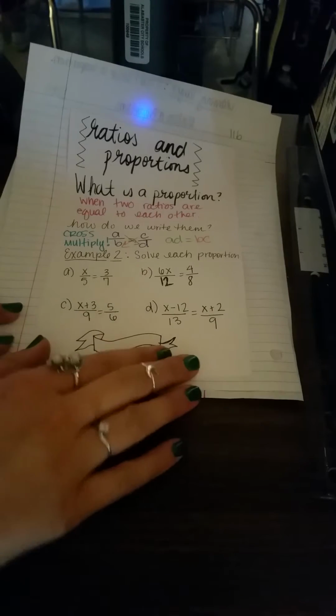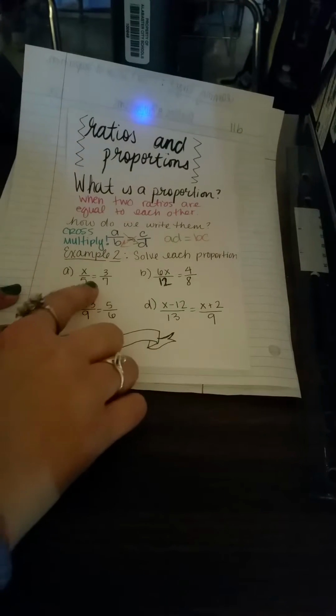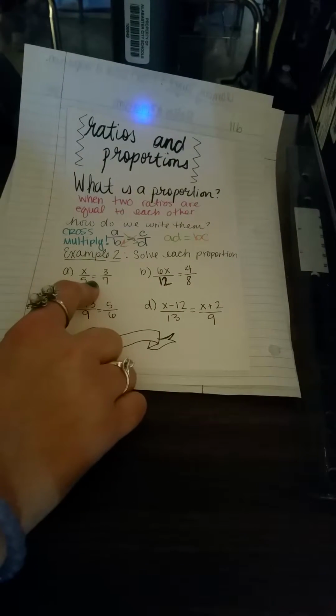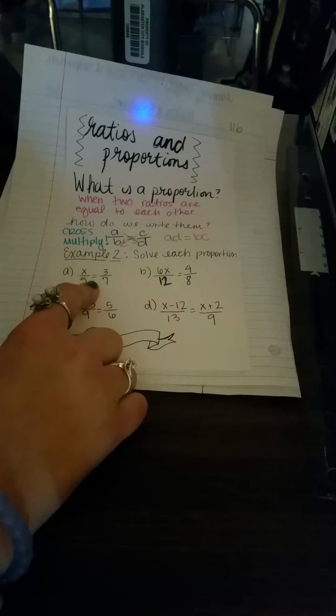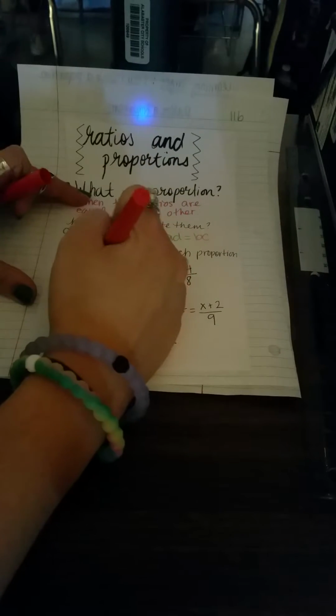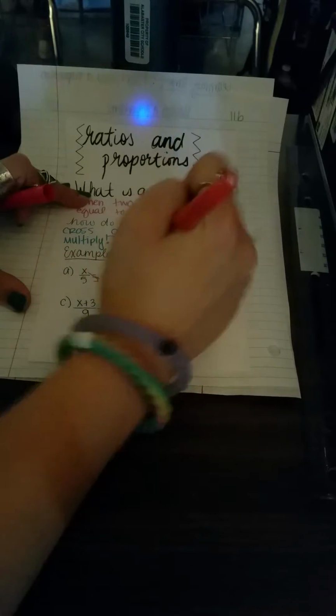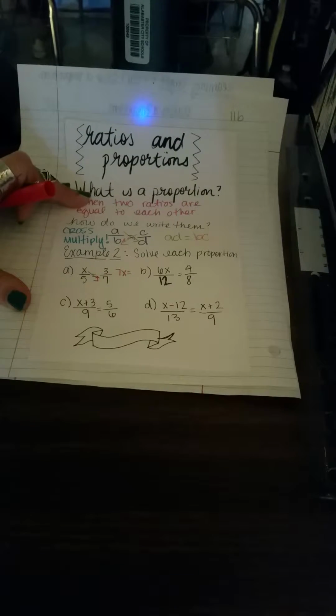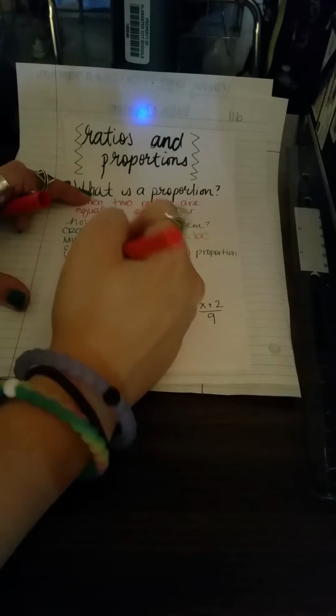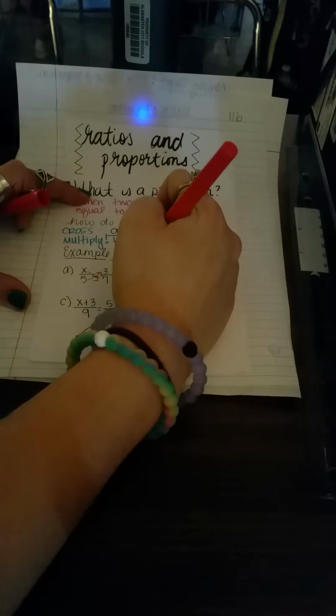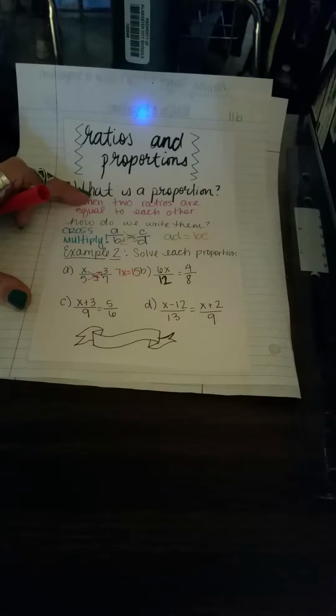Okay. So for A, it says solve each proportion. Now, what do you think we're going to multiply x by? 7. Okay, so draw your line from x to 7, and we're going to write 7x equals. What are we going to multiply now? And you get 15.